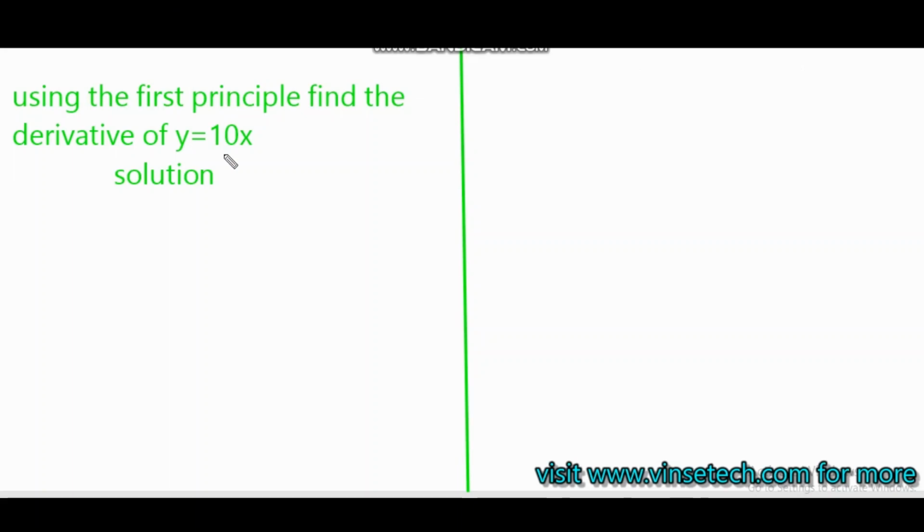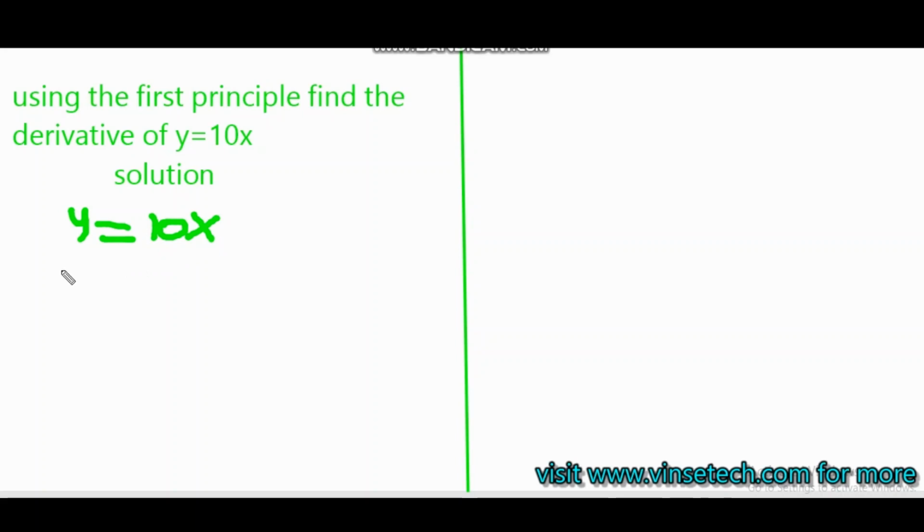Let's now solve the third example, which says using the first principle, find the derivative of y is equal to 10x. Let's first write down the question, which says y is equal to 10x. Following the steps that I've mentioned earlier, you add delta x to both sides of the equation.